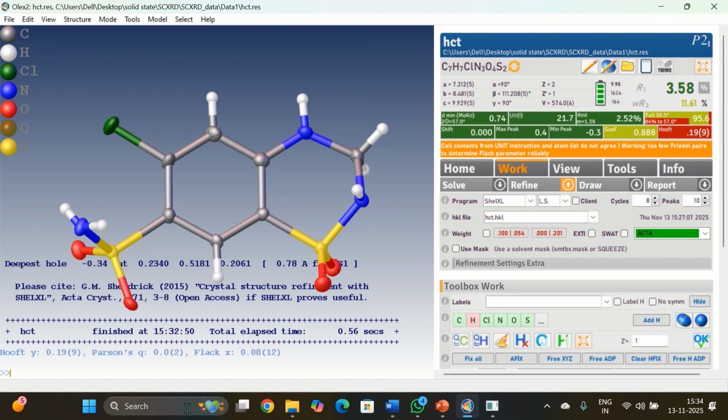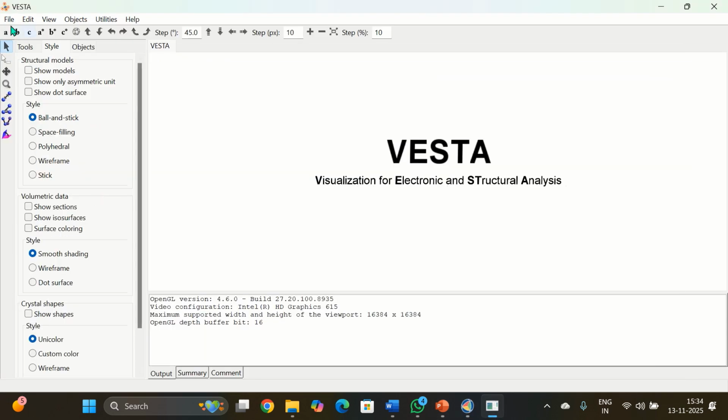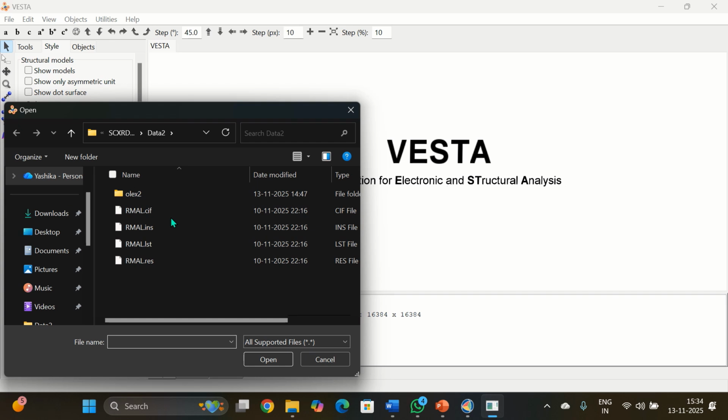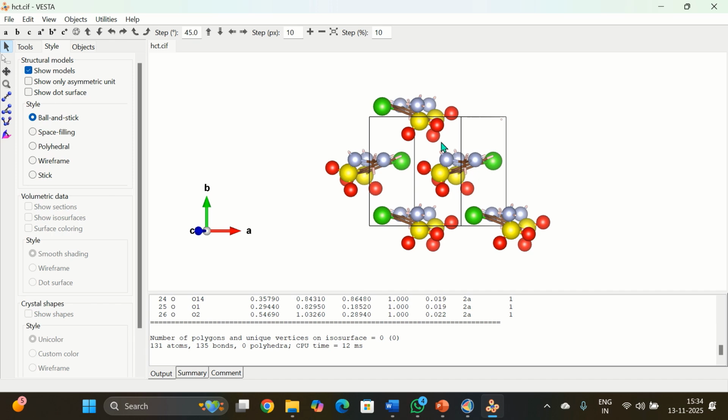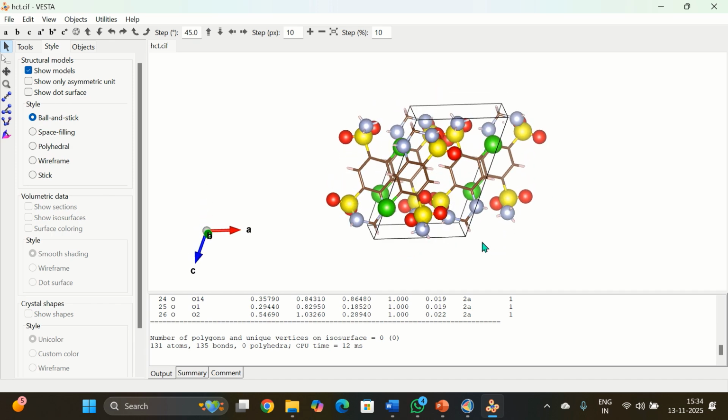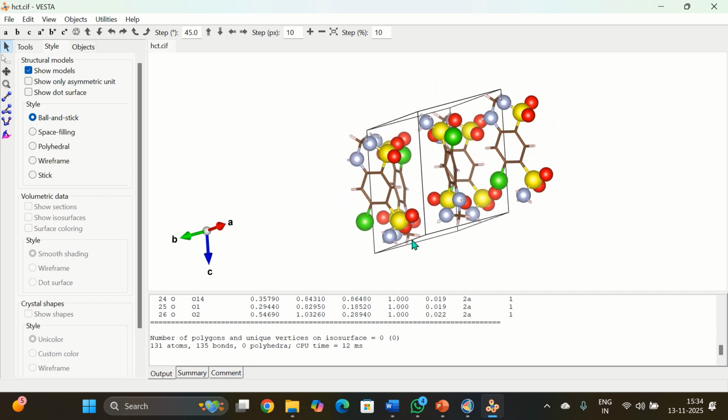So we will go to Vesta, open the zip file that we have generated. This is the zip file. This should be the unit cell that it possesses.